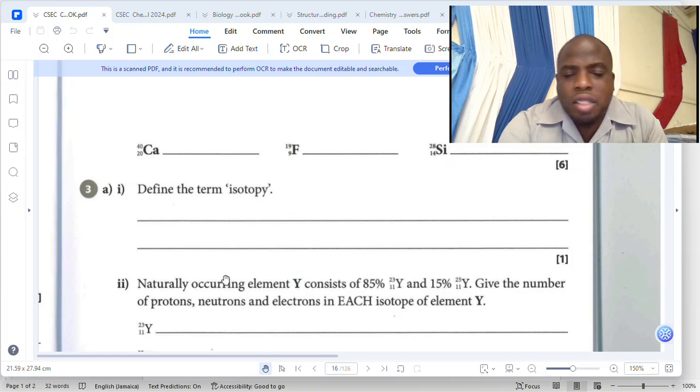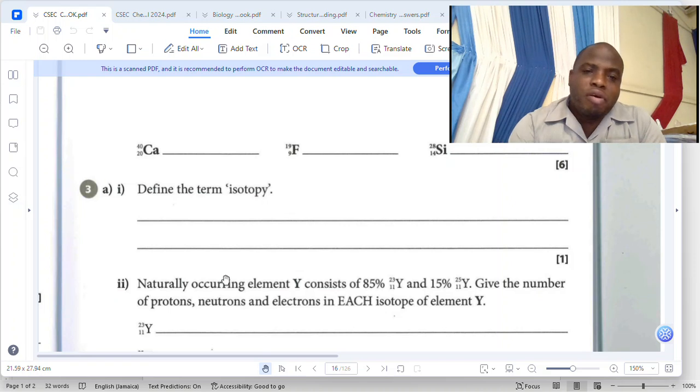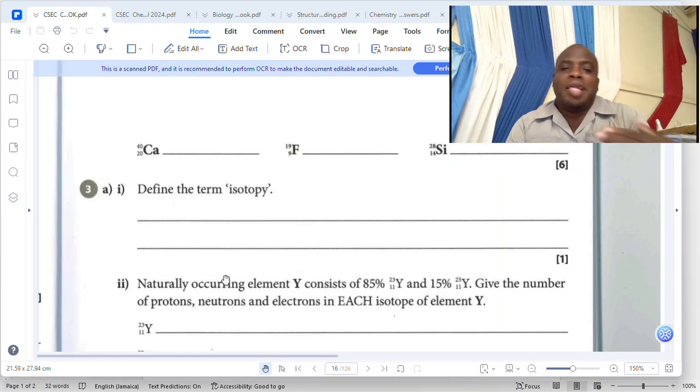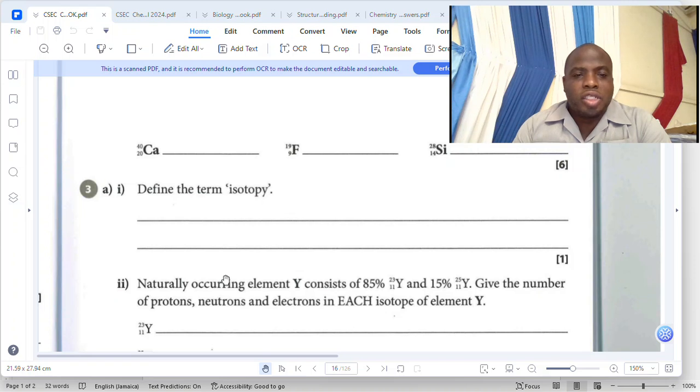Now, there is this concept known as isotopy. You have some atoms of the same element. So I'm talking about different atoms of chlorine. And a lot of times, the popular one that you'll see is carbon. Most persons can relate to carbon. Carbon and chlorine, we have chlorine 35, chlorine 37, and we have carbon 12, carbon 13, carbon 14.